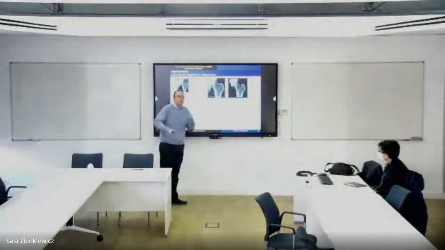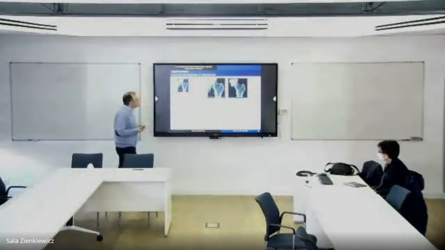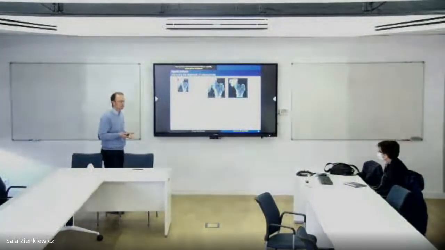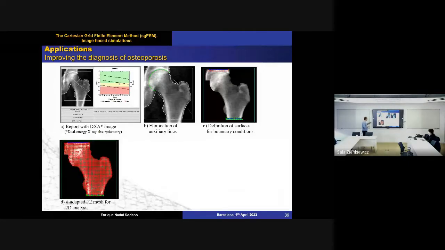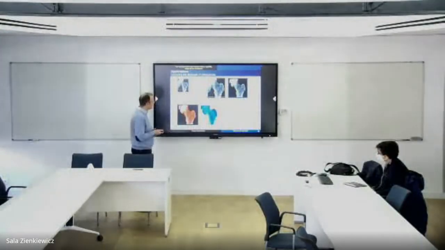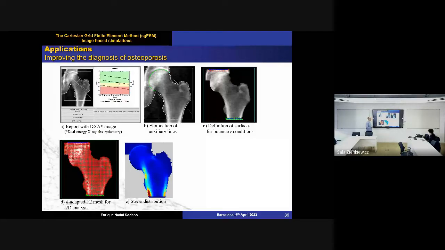It's not that important how we apply the load since we are far, but what we want to do is to relate the load with the weight of the patient, of course. We generate the finite element model, we solve it, we obtain a stress distribution. This is not stresses, actually, they are indicators, because the problem is 3D, this is 2D. But at least we have an indicator of the stress field, and it takes around 1 minute.